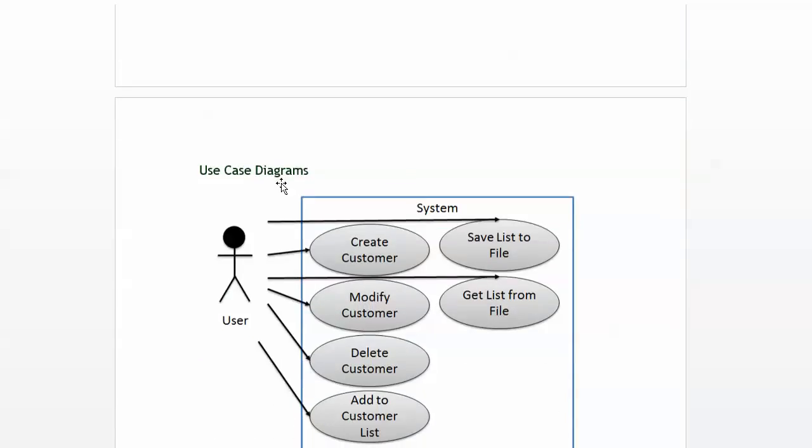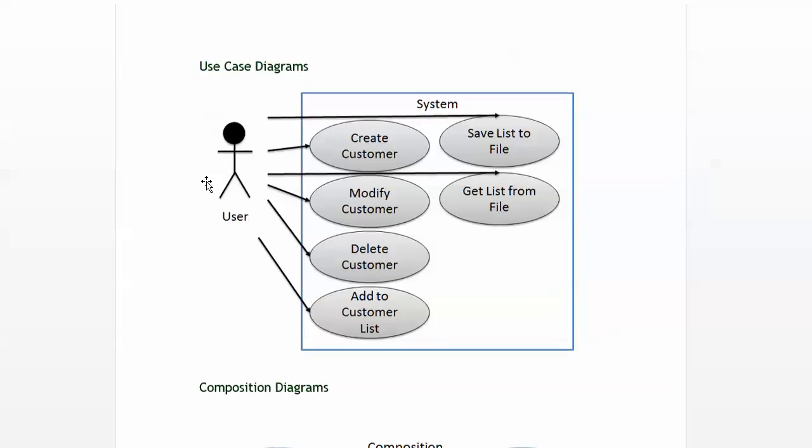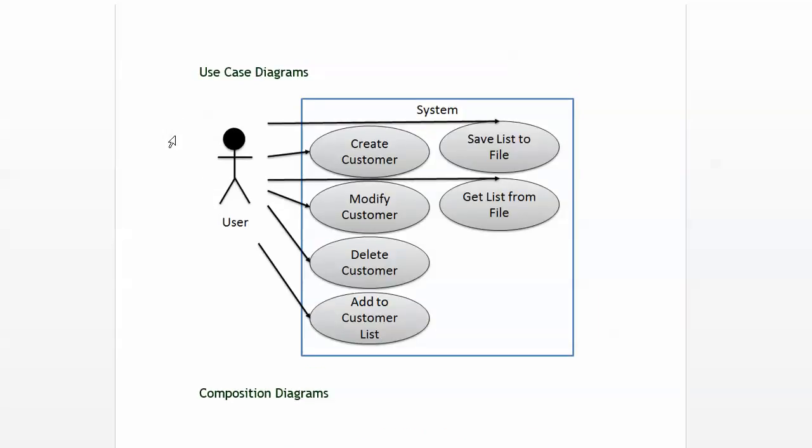The next one's a use case diagram. Now, a use case diagram, you're going through and you're talking about how your software is going to be used. And there's an actor, and that actor is sometimes a human, a user. Sometimes it's a piece of software, and oddly enough, even if it's a piece of software, like another software uses the new software you're working with.